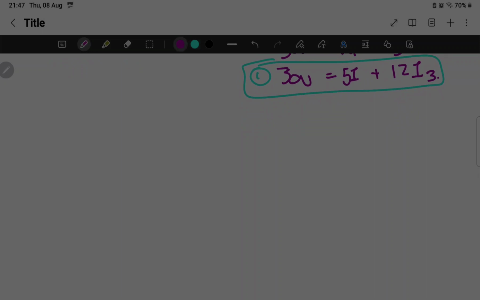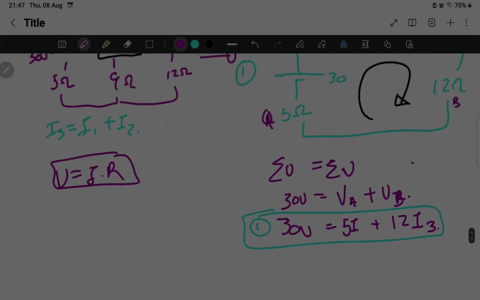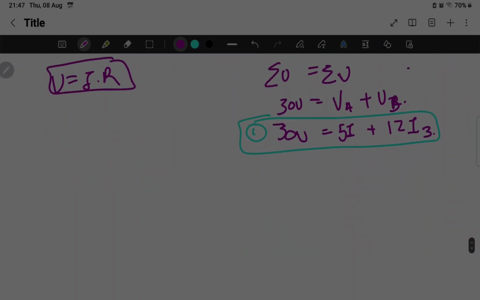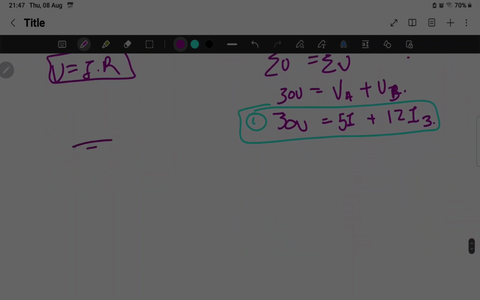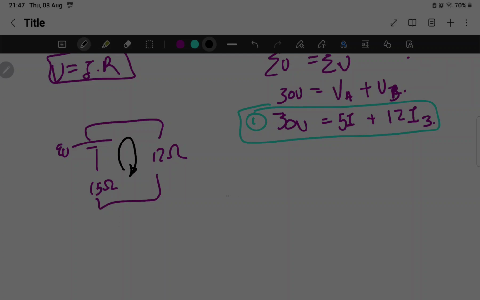To get the second equation, we are going to redraw that diagram again, but now we're going to use the 9 volts. So what we have now is the 9 volts, and it is connected with the 12 ohm resistor. At the bottom is the 15 ohm resistor, and now we'll be focusing on the circuit here. So let's write the equation. We have our 9 volts, which is coming in, and what's coming out, which is resisting.